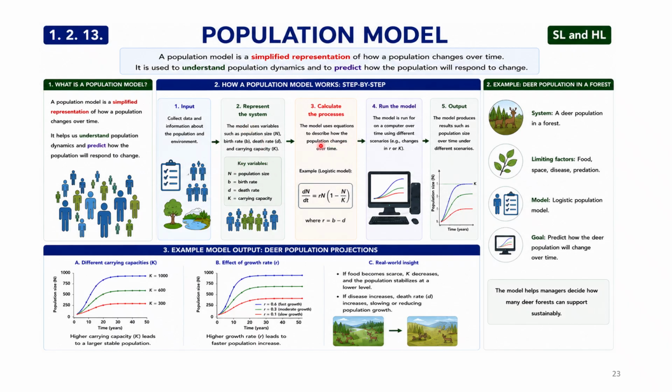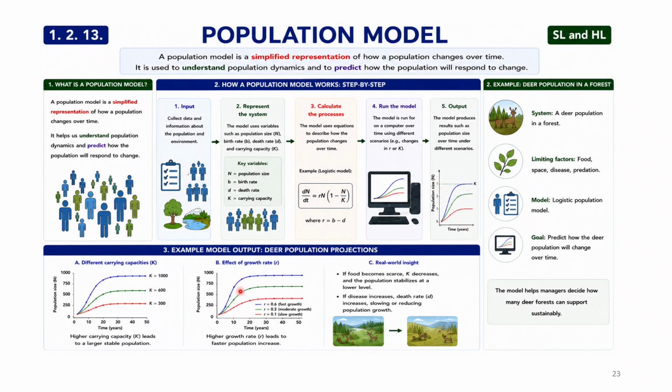These variables are represented mathematically using equations such as the logistic growth model, which describes how population growth slows as resources become limited. The model is then run on a computer to test different scenarios, such as changes in birth rates or carrying capacity, and it produces projections of population size over time.